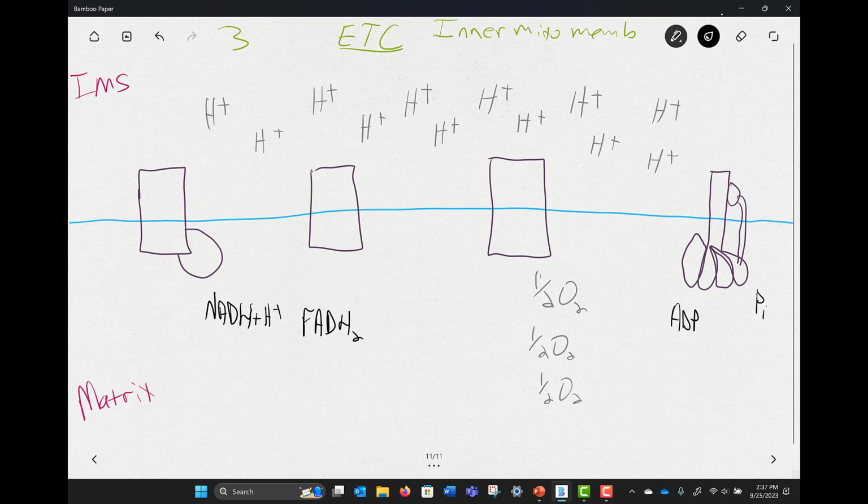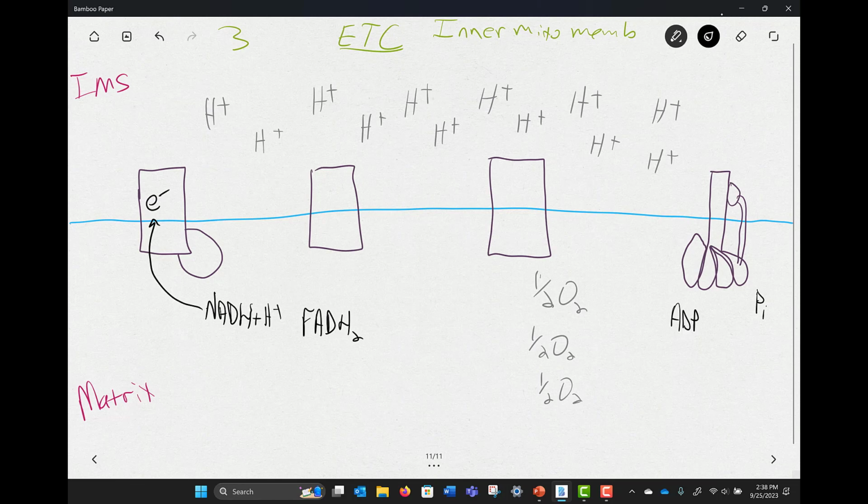They really like electrons. But that first protein over on the left, he really likes electrons even more than NADH plus H plus. So any electrons that NADH plus H plus is carrying, if it gets near that first protein, he's going to steal those electrons.